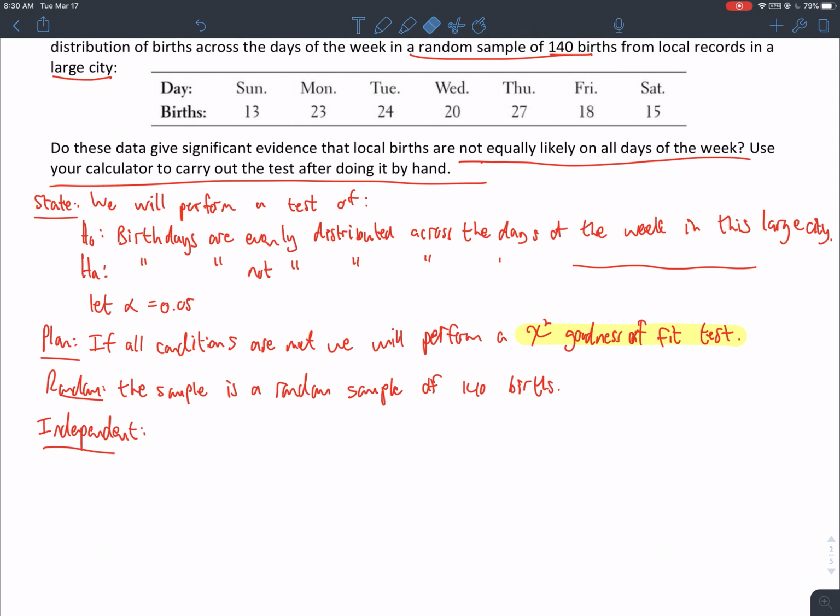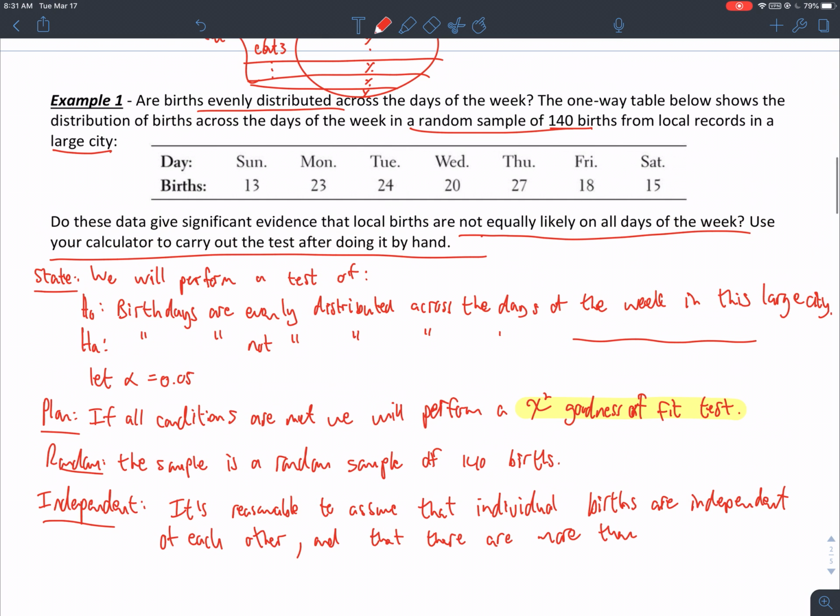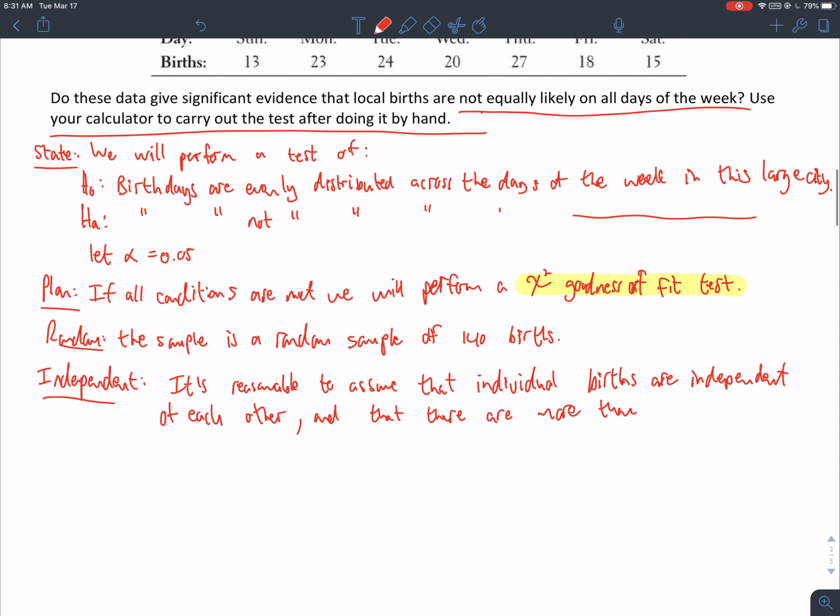So let's say it's reasonable to assume that individual births are independent of each other and that there are more than, in a large city, I need to beat 1,400, okay?